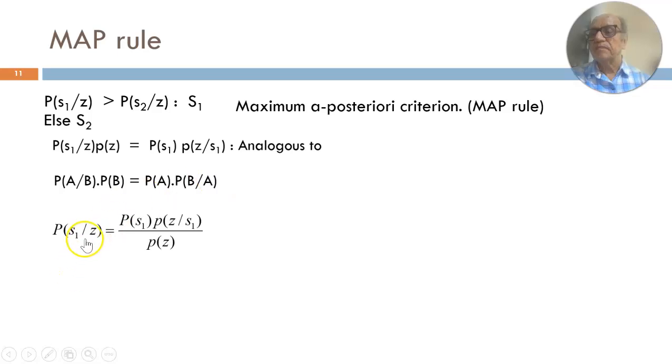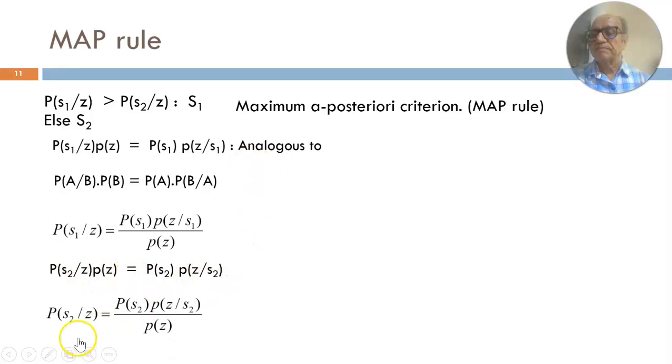Then in that case, for P(S1/Z), this P(Z) comes on this side, so you get P(S1) P(Z/S1) divided by P(Z). And similarly, we can write P(S2/Z) P(Z) is equal to this, or P(S2/Z) is this, with P(Z) coming on this side.